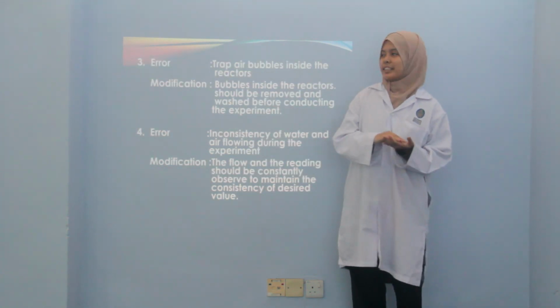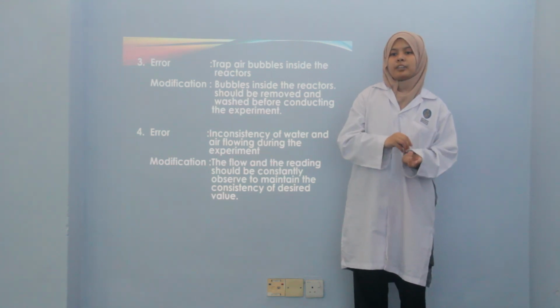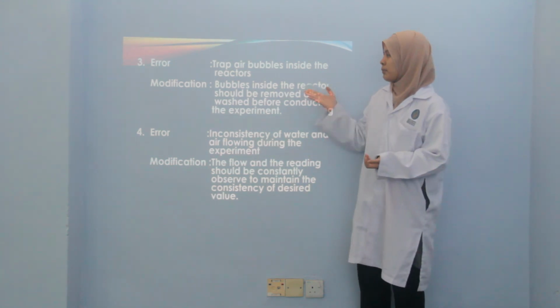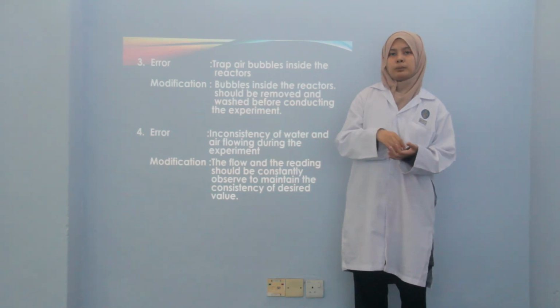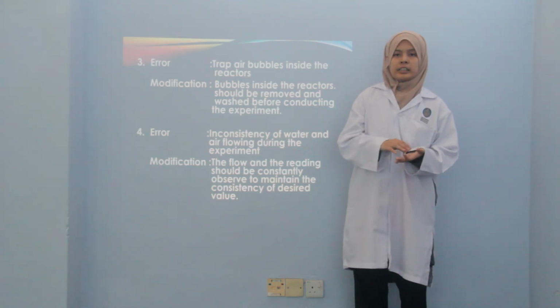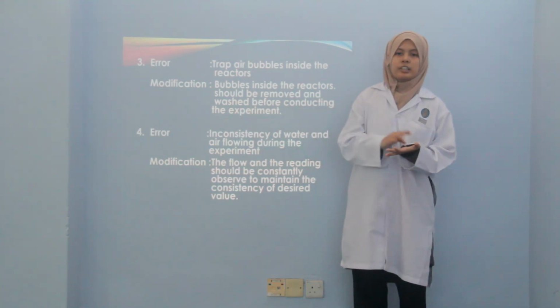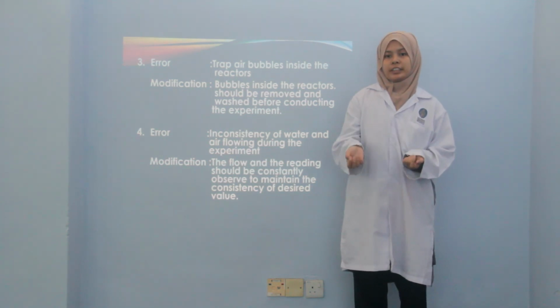For the third error, the trapped bubbles inside the reactor. We can overcome the error by washing the reactor and removing the bubbles inside the reactor. And for the last error, it is the inconsistency of the water and air flowing inside the reactor.